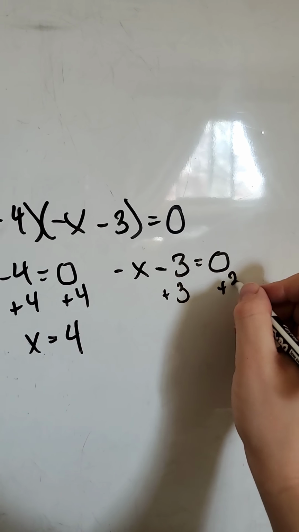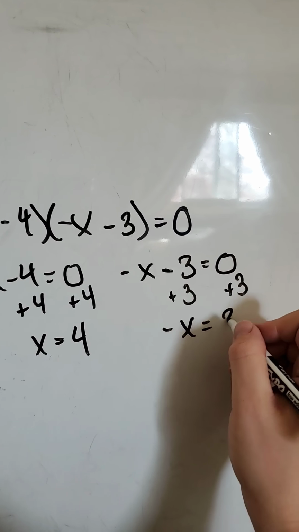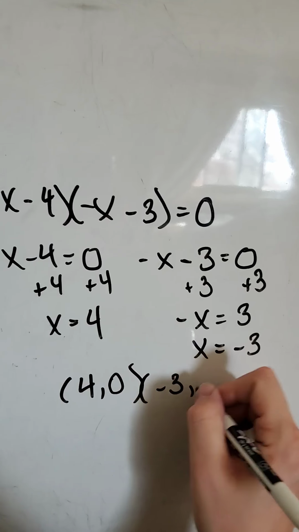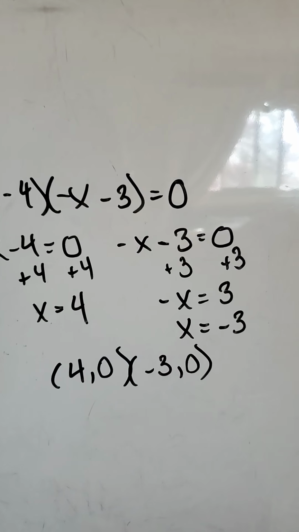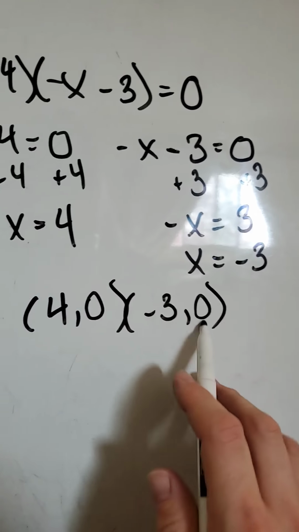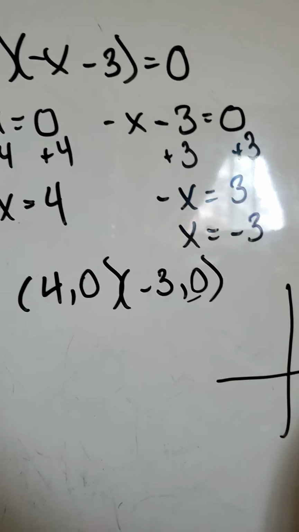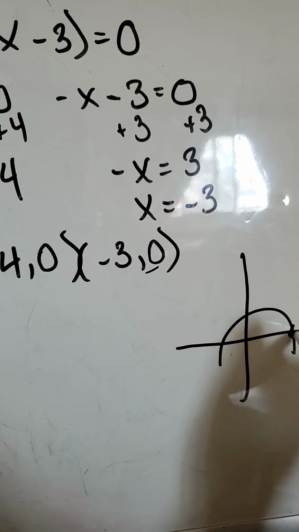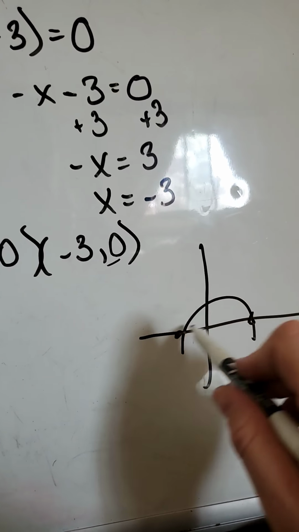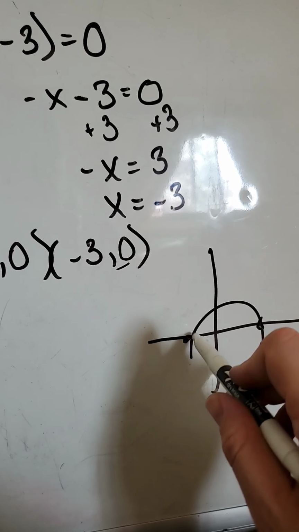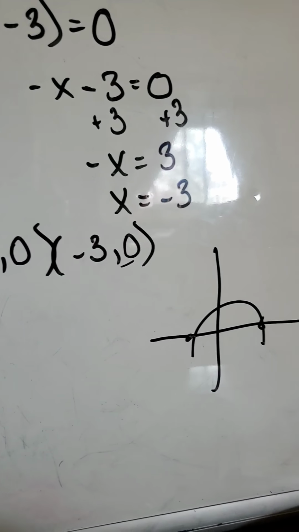And add 3 to both sides and get negative x equals 3, or x equals negative 3. So my solutions here for my x-intercepts would be 4, 0, and negative 3, 0. Right, the y value on my x-intercepts must be 0, because the x-intercept means we're crossing the x-axis, and that has a y value of 0.